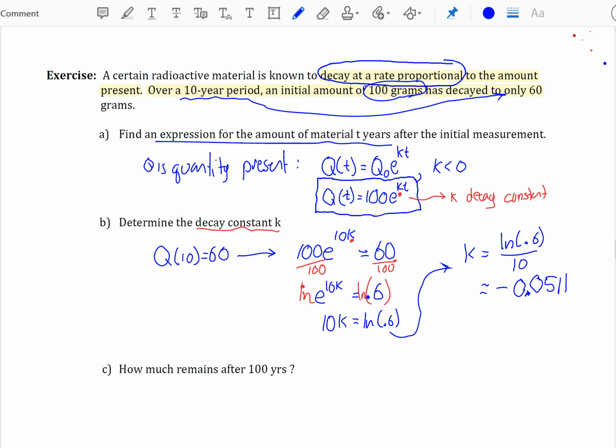This gives us our model. Our model is going to look like Q of t equals 100 e to the negative 0.0511 t. This would be a model that should be describing the decay of this radioactive substance.